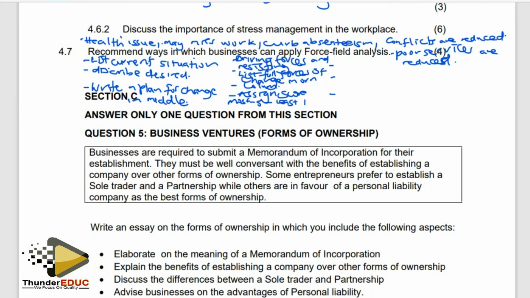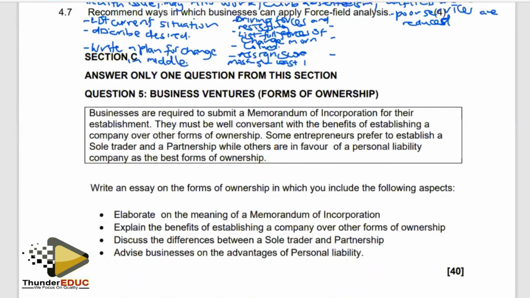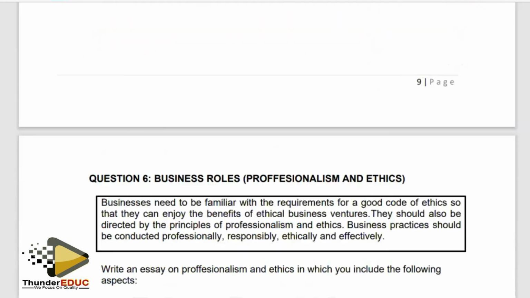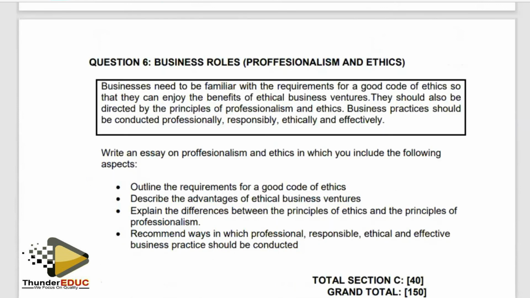What makes section C the essay part of business studies? In section C, we are required to answer one question, either number 5 or number 6. Before you choose one, first go through the questions from both sections, business ventures or business roles.